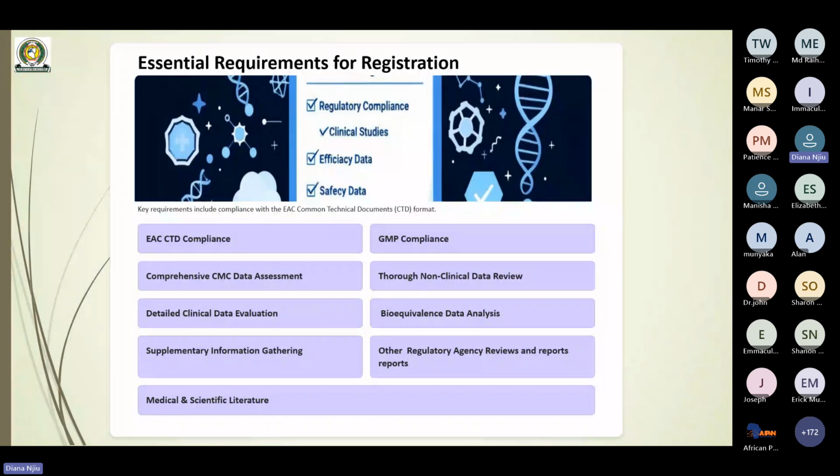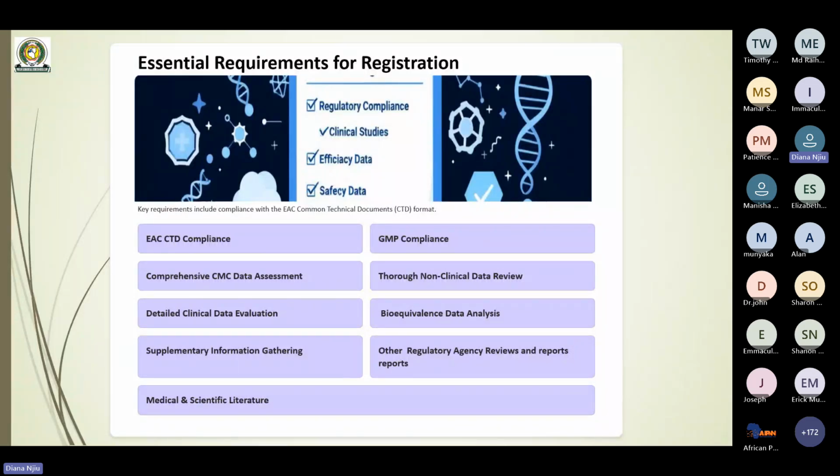Information on the detailed clinical data that has been conducted, maybe if it's a new chemical entity, or if the information were not available. At this point, you need to submit the data for the particular product, if maybe it's a new indication or a new product. And also thorough clinical data review, if required, and bioequivalence data analysis, mostly for generic products based on the requirements, and also some supplementary information gathering, depending on your product, and other regulatory agencies' reviews and reports.